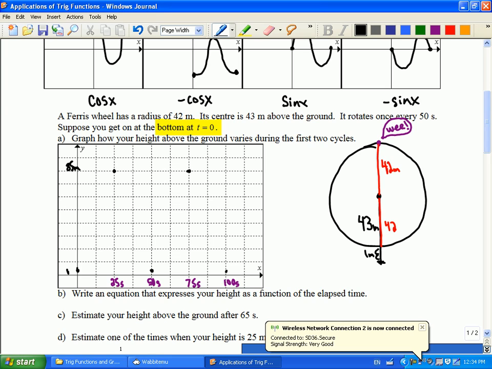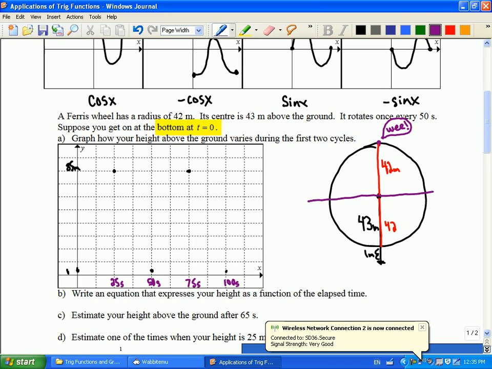You should be able to tell me how high this person is at 12 and a half seconds. How'd you know that? You're correct.